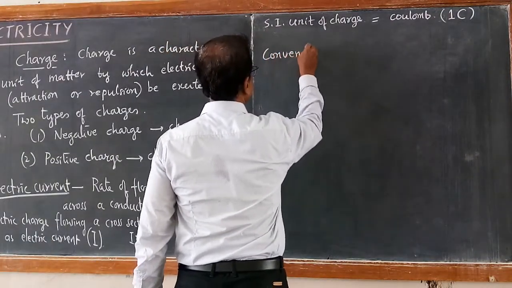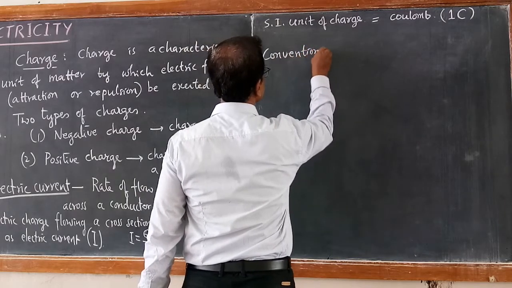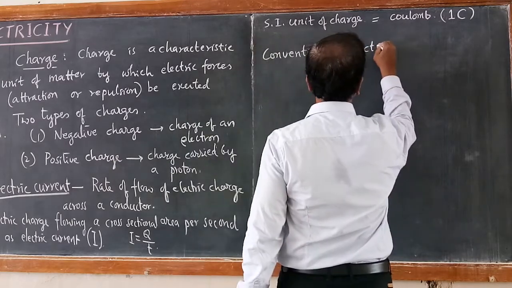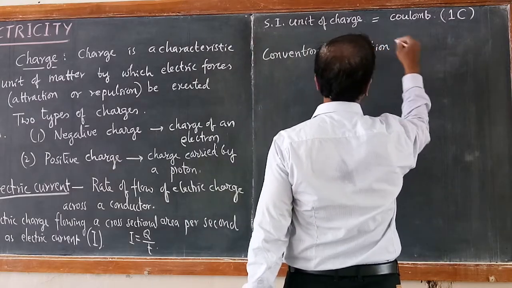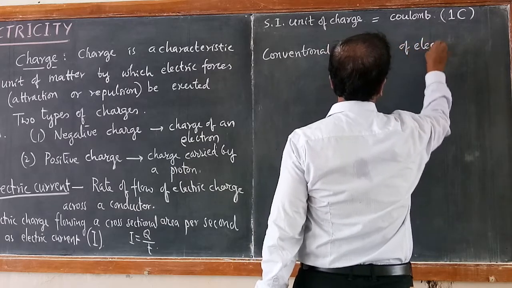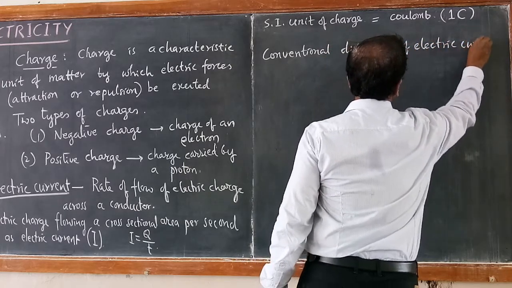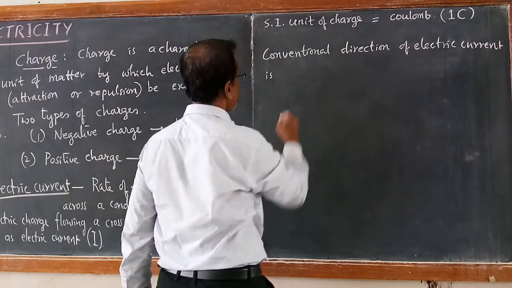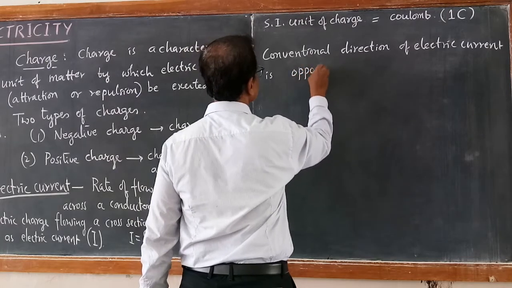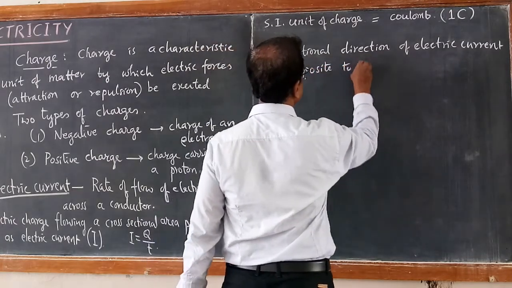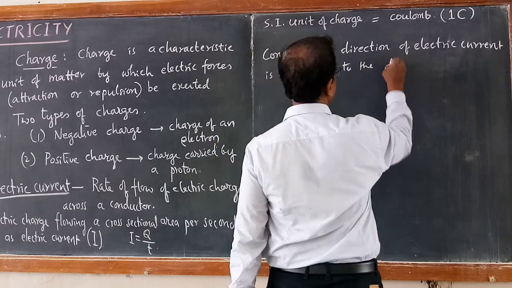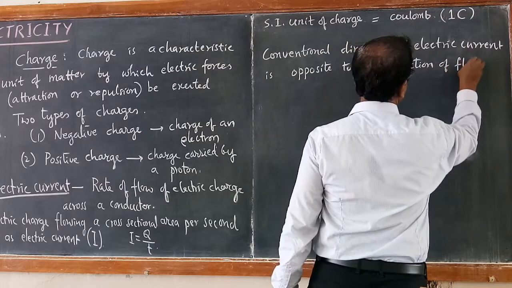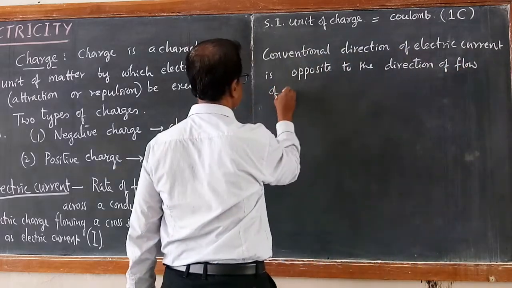The conventional direction of electric current is opposite to the direction of flow of electrons.